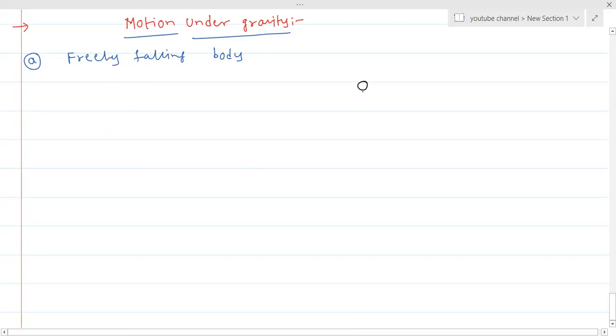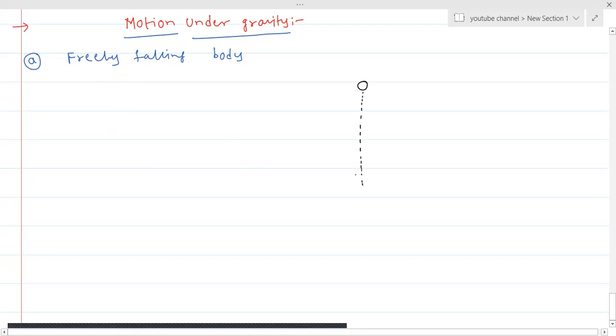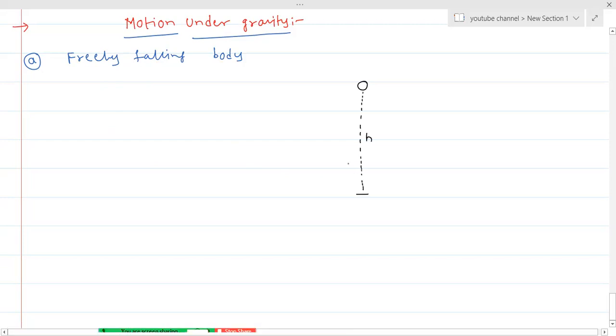Generally, we will take a body and it is freely falling from a height h, let us say. Whenever we have a freely falling body, it means initial velocity equivalent to 0. We understand the same thing from the term when the body is released.